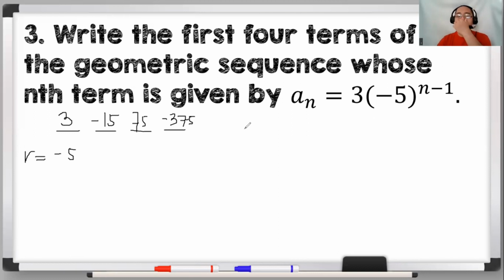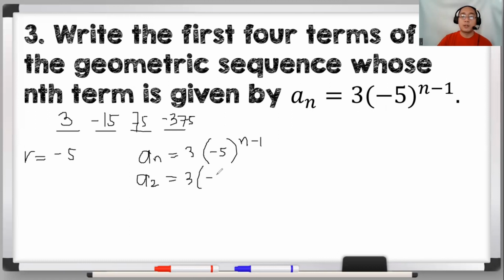But what if we will be using the formula? Okay, so let us try to check if we are correct by solving the second term. All you need to do is substitute the value of 2 for the second term. So we will be having a sub 2 equals 3 times negative 5 raised to the power of 2 minus 1.